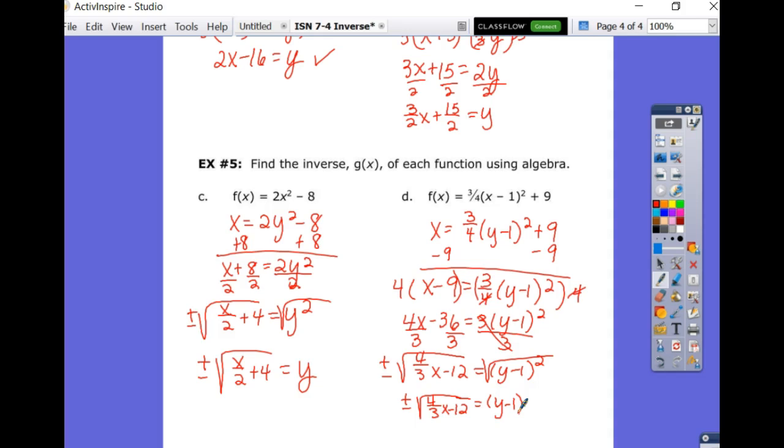If I move the 1 and put it behind the square root, what does it look like? It looks like it's under the square root, right? Do you want it under the square root? I don't. So when I add the 1, it has to go in front of the plus or minus. And there's your answer.